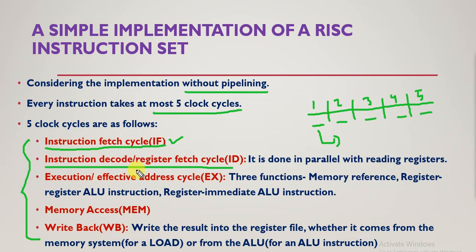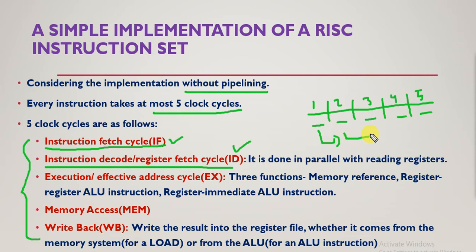Instruction decode means it will understand what that instruction is. So the instruction is collected from memory, then it understands what the instruction is and reads the content of that register. That is called the instruction decode or register fetch cycle. It happens in the second cycle.